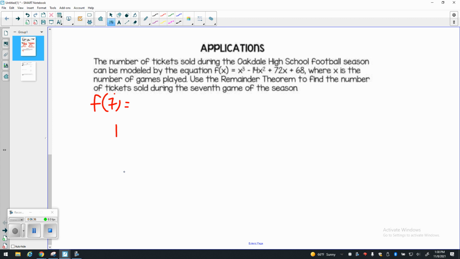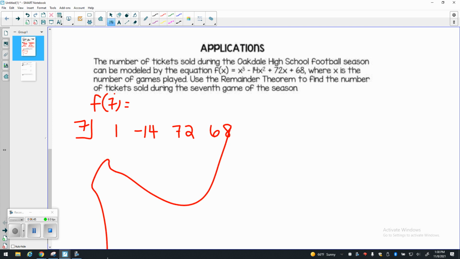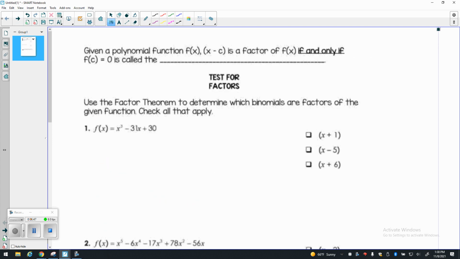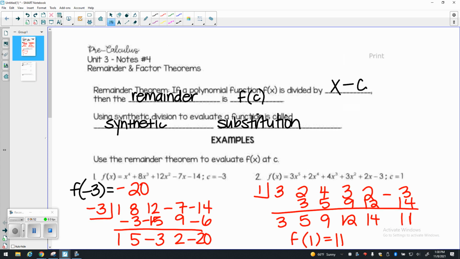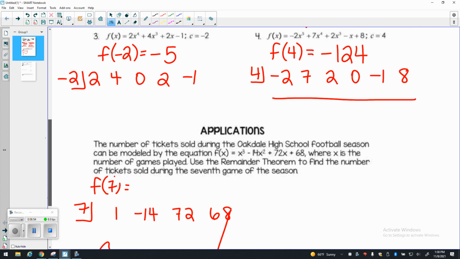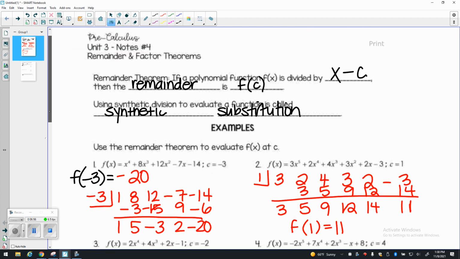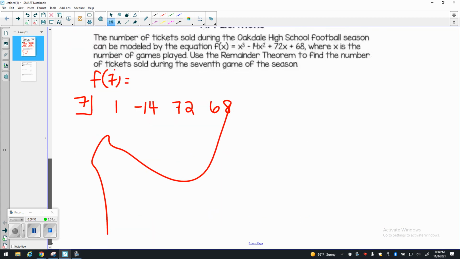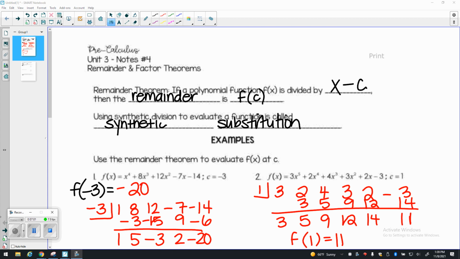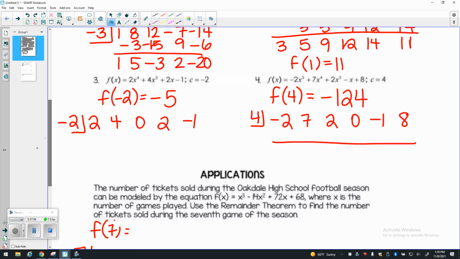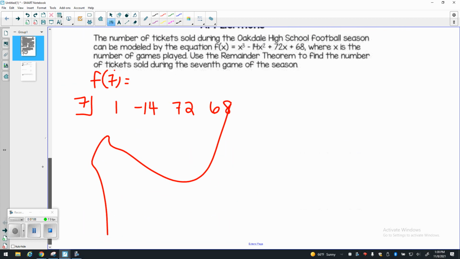So 1, the 7's in the box. 1, -14, 72, 68. How many tickets were sold in the 7th game?